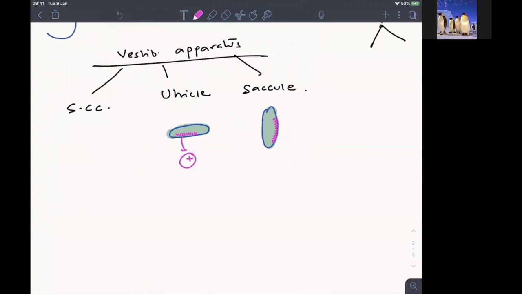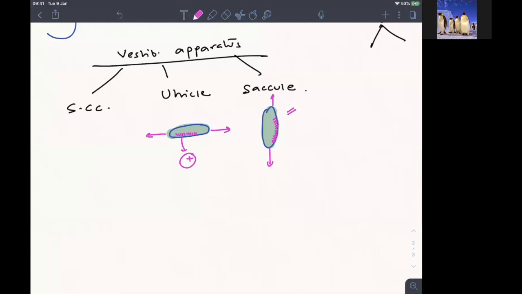So the utricle will tell us about horizontal movement, so horizontal acceleration and deceleration. And the saccule will give us an idea of vertical acceleration and deceleration. So if you are in a lift and the lift suddenly shoots up, it is the saccule that will tell you that you are accelerating upwards.